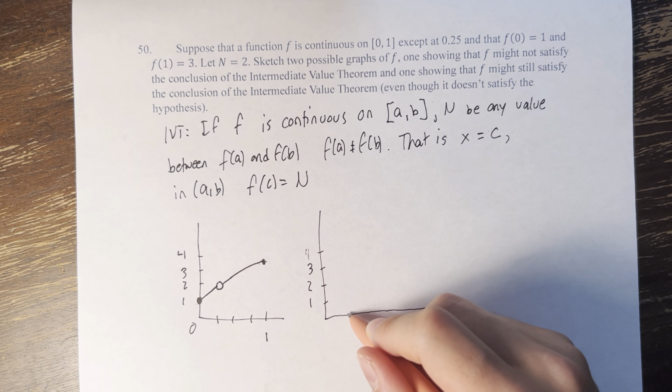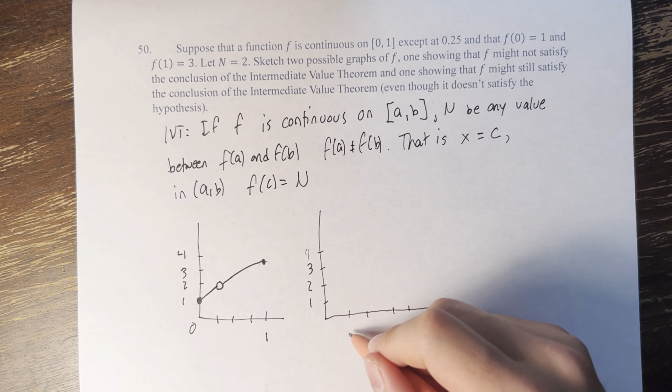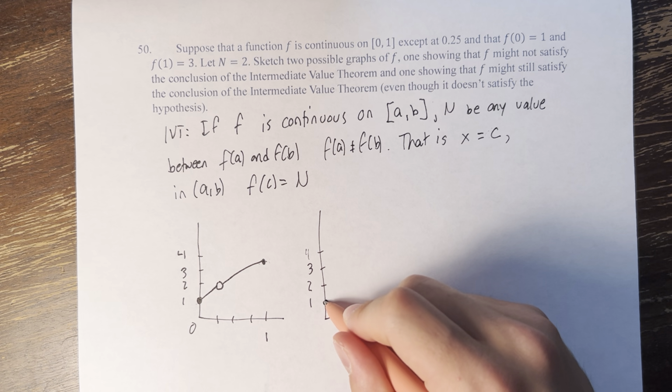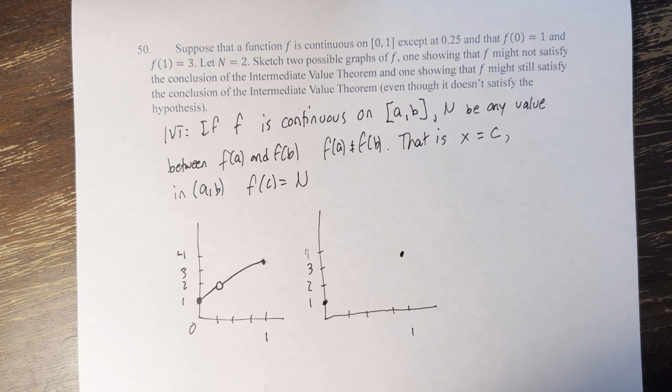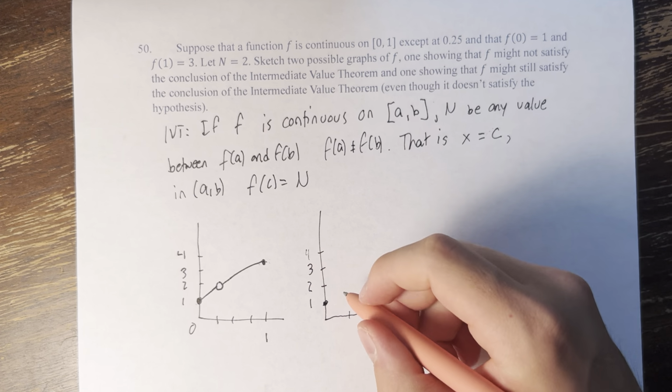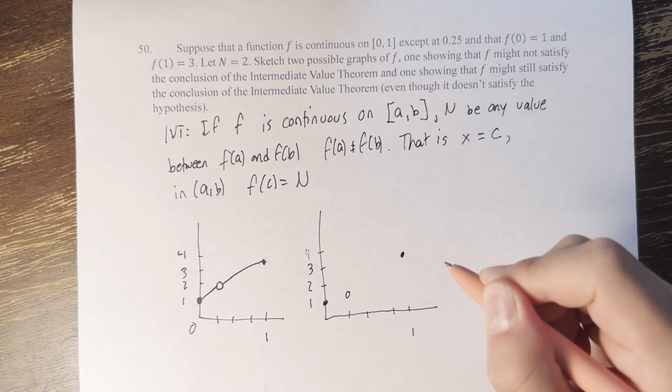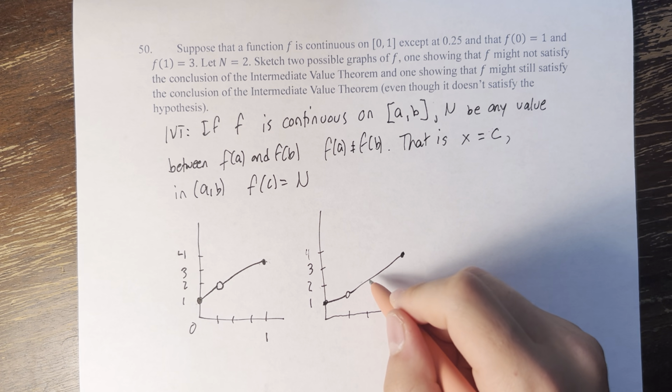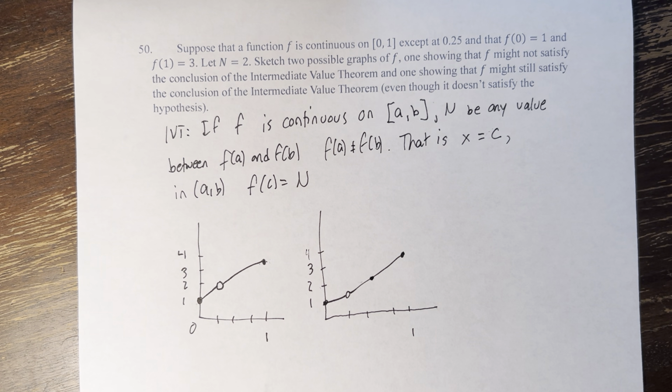We can say that, okay, we're starting here, we're ending here. We have a discontinuity at 0.25, let's say it's way down here. And then the function continues, and f of x equals 2 still does exist for some value.